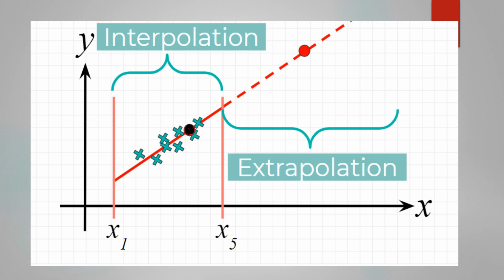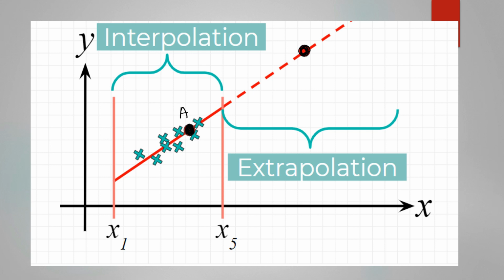For example, here, we have the predicted value for A. As you can see, the predicted value A is within the observed data, which means that the predicted value for A is interpolation.